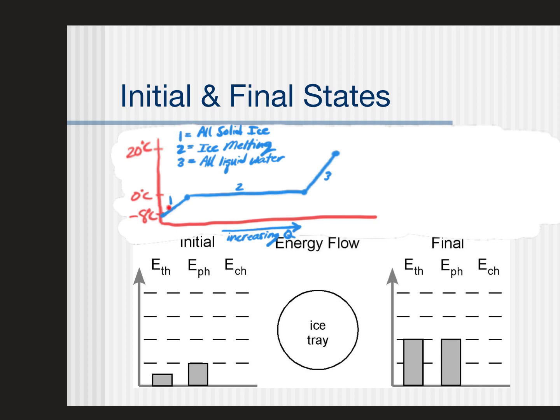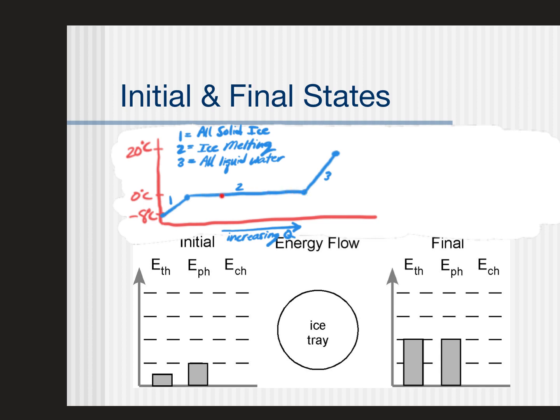So in part number 1, we've got all solid ice. In part 2, we are melting the solid ice into liquid water, okay? And notice that the temperature, very important here, guys, is not changing when that happens.